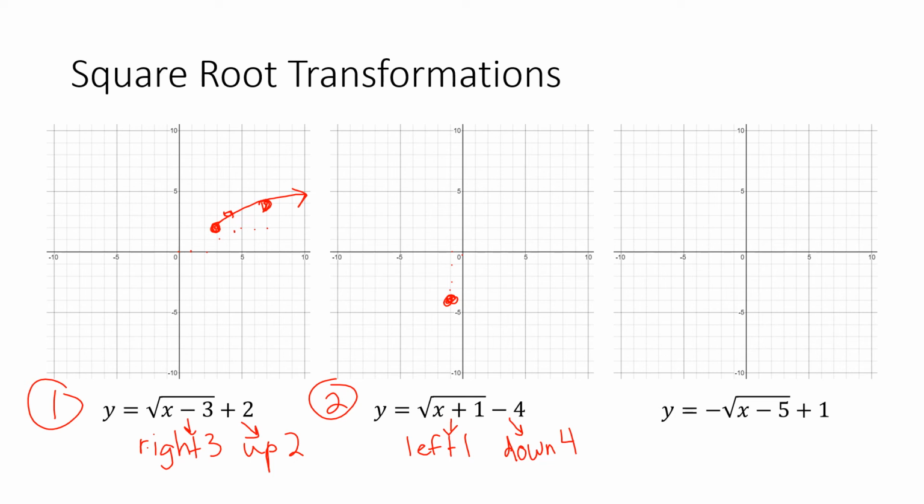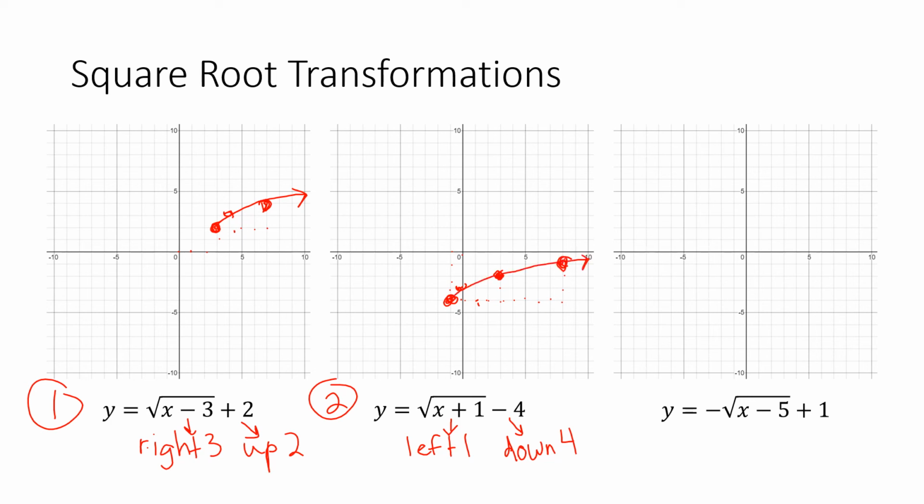So from here, I'm going to go over 1, up 1, because the square root of 1 is 1. And then back to that same initial point, I'm going to go over 1, 2, 3, 4, up 2, because the square root of 4 is 2. And then back to that initial point, I'm going to go over 9, up 3, because the square root of 9 is 3.